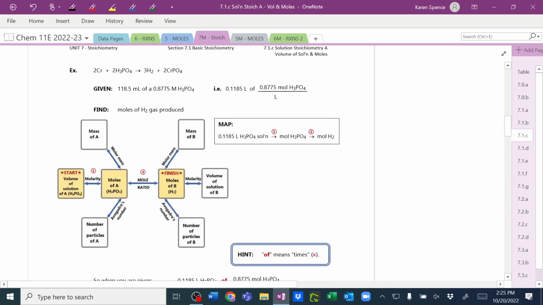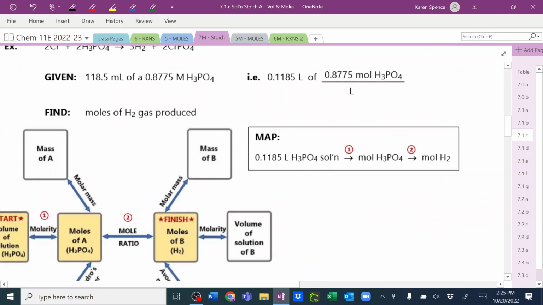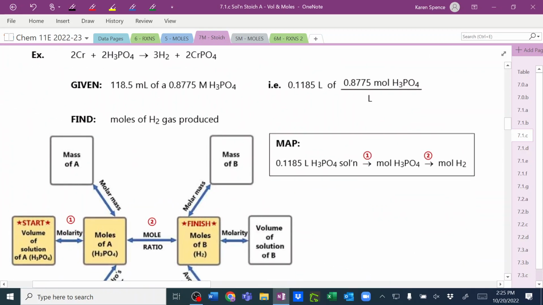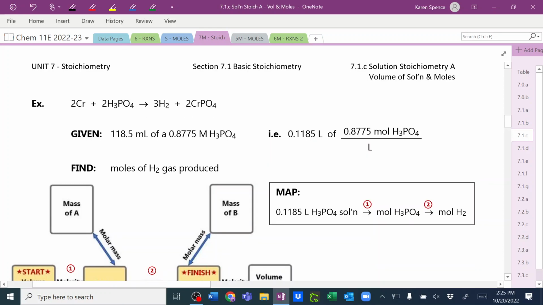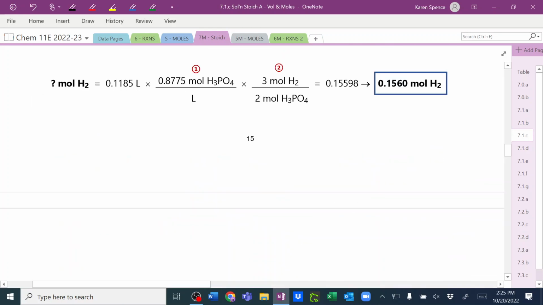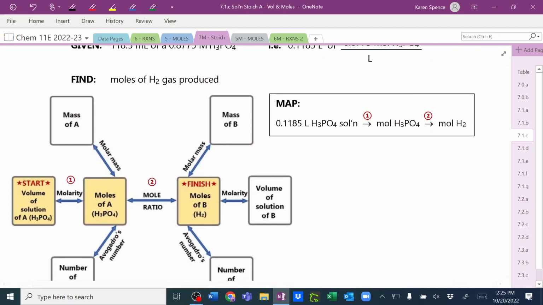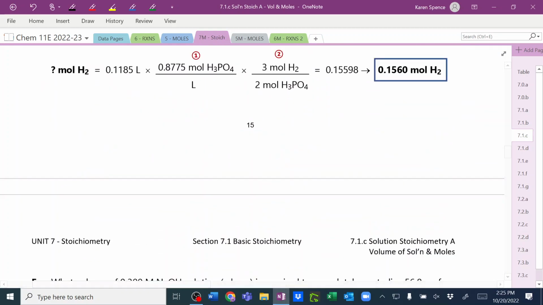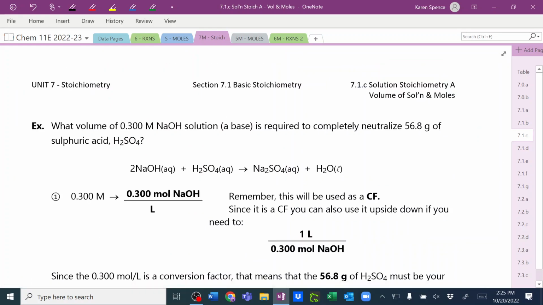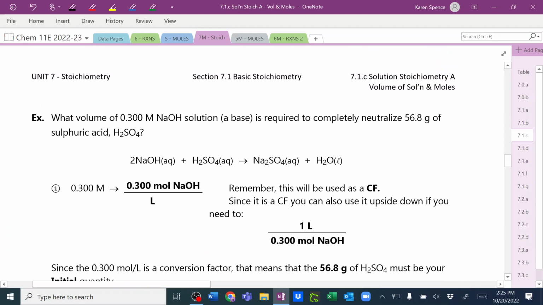Okay? Sure. Yeah, we're going to do whatever's on page 15. Is it 15? Okay, 15 is the one that we just did. Don't do that one. How about the one on the next page? Yeah, page 16. Do page 16.